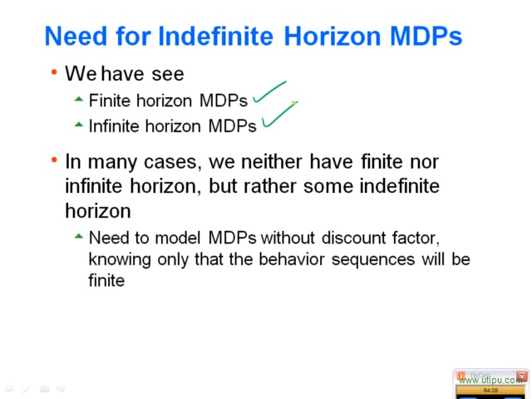In finite horizon MDPs, you had to talk about the horizon, but didn't have to talk about the discount factor. So there's a lot that's common, but they're also different. Now the question is, in this case, each behavior sequence is guaranteed finite, but not exactly T steps long.